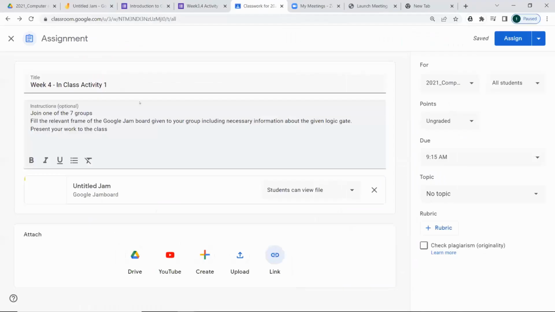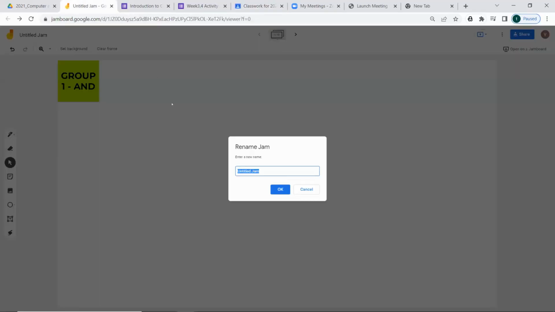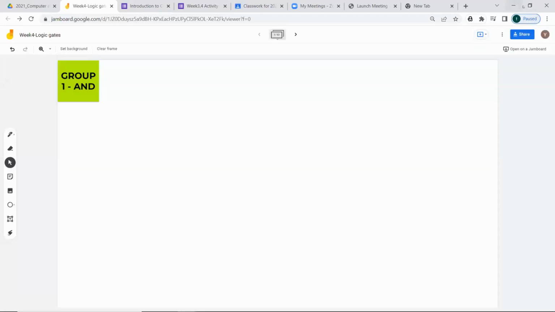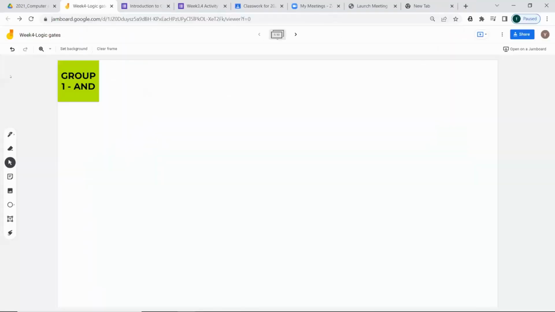The link of the Jamboard is given, and I'm going to change its name to Week 4 logic gates. What you have to do is fill the relevant content on it.